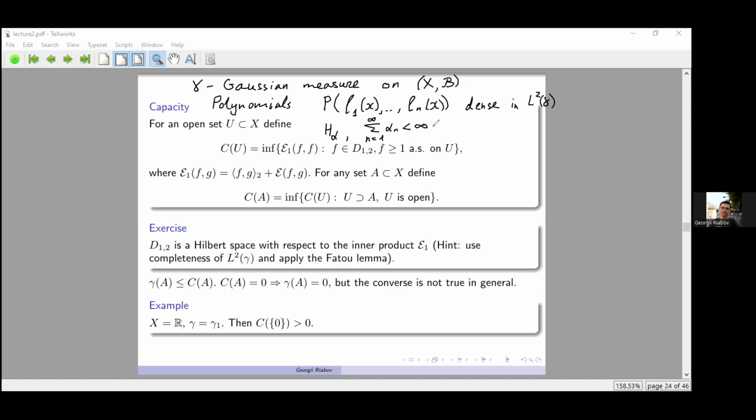And by Xk, we denote the closure of the span of polynomials H alpha for which the sum of alpha n is equal to k.